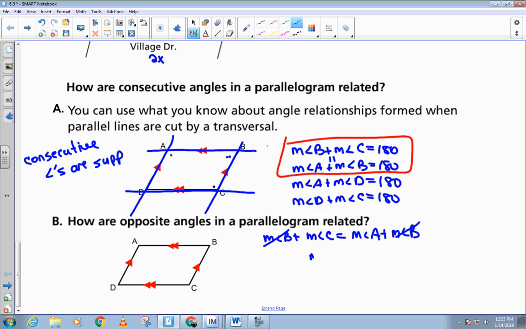And so then I get the measure of angle C equals the measure of angle A, which is what I just said, right? And the same thing would be true here. So there's a little proof of it, or you could remember the congruent supplements. So opposite angles are congruent.